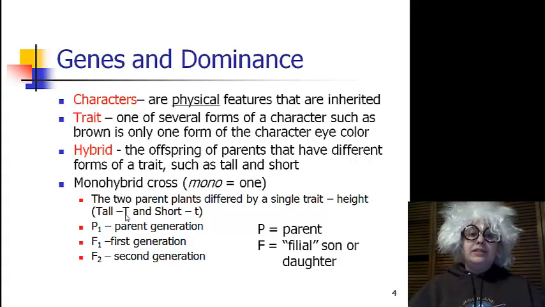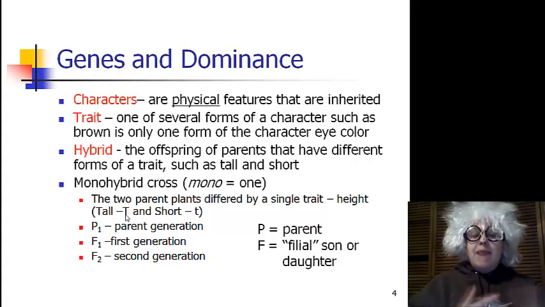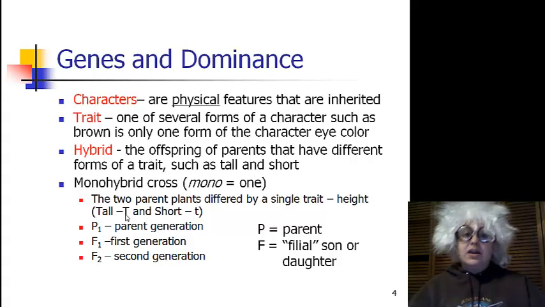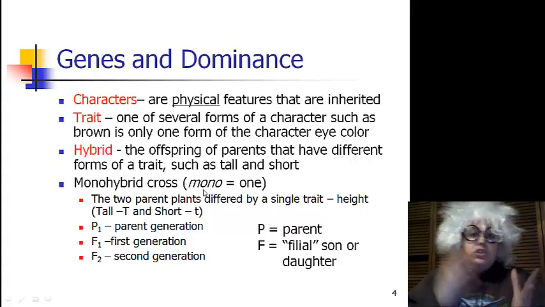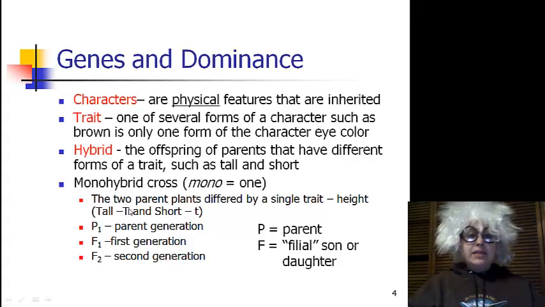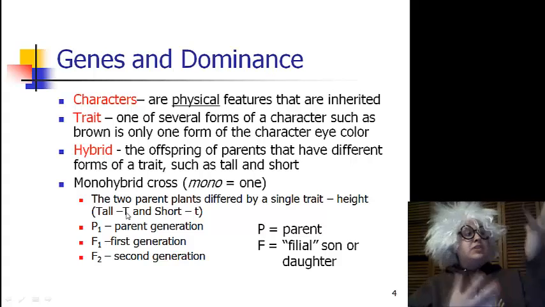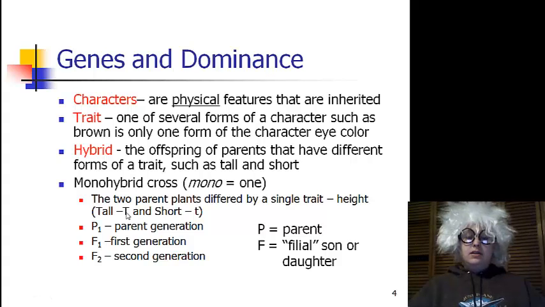We show the difference by the capitalization or the lowercase of the letters. So looking at one single character, such as height, we show the two different traits by a big T and a little t. Big T is dominant, capitalization is dominant, lowercase is recessive.